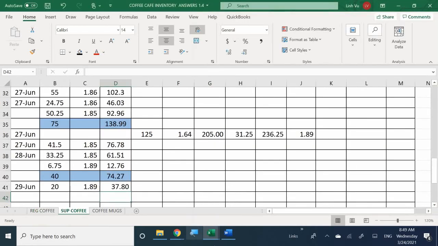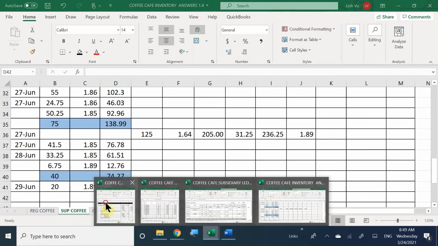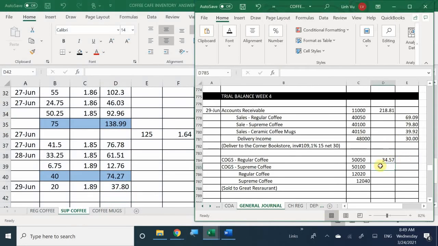Supreme Coffee is 37.80. And I'm going to also change this too because we sold to the corner bookstore.